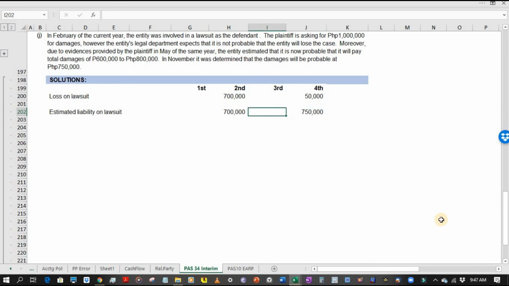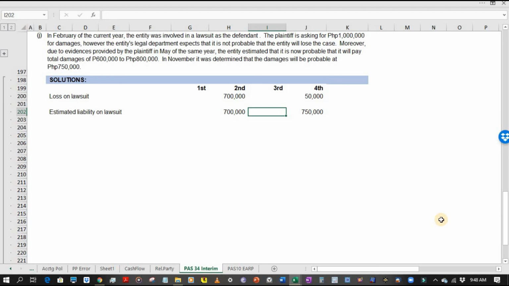So again, in the statement of financial position as of the end of the fourth quarter, the estimated liability on lawsuit is 750,000 pesos. And the loss on lawsuit that will appear in the fourth quarter is not 750,000 pesos. It should be the adjustment only of 50,000 pesos. And in the third quarter, of course, there will be no adjustments. There will be no loss on lawsuit that will appear in the income statement.